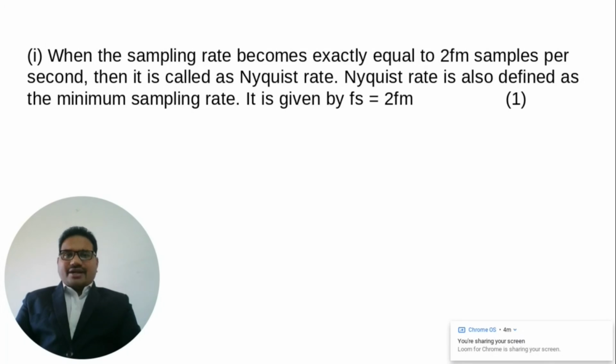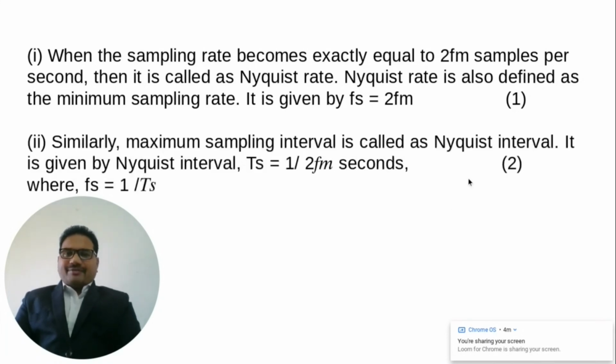The Nyquist rate is also defined as the minimum sampling rate that we require. So it is given by fs equal to 2fm. Similarly, the maximum sampling interval is called the Nyquist interval.